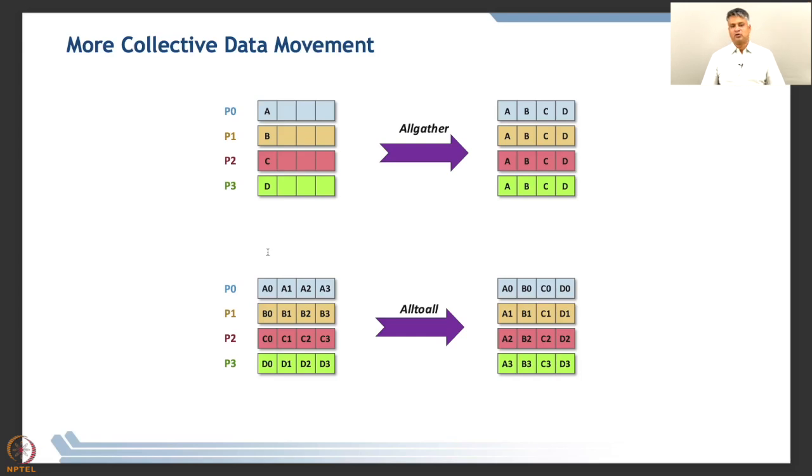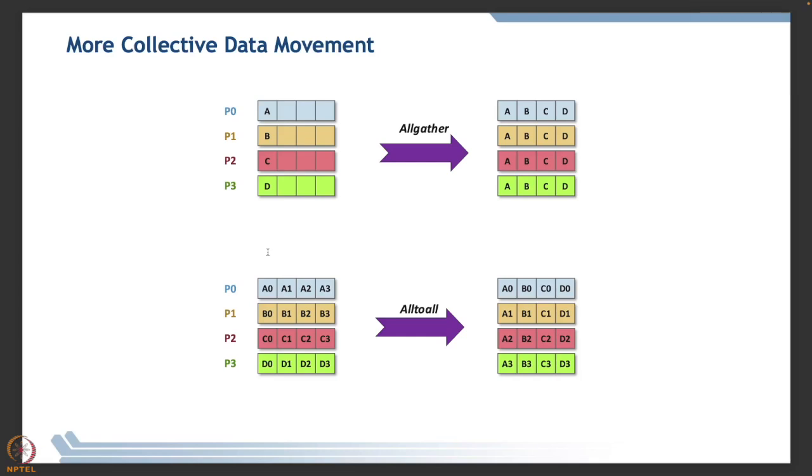At the end of all-to-all communication, there is an exchange of data from different processes to their corresponding vectors. So, for example, you have data which is moved from P1, which is B0, to the process P0. Similarly, P2 moves C0 to P0 and P3 moves D0 to P0.